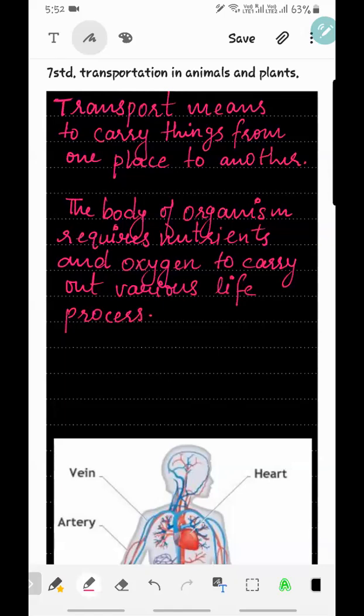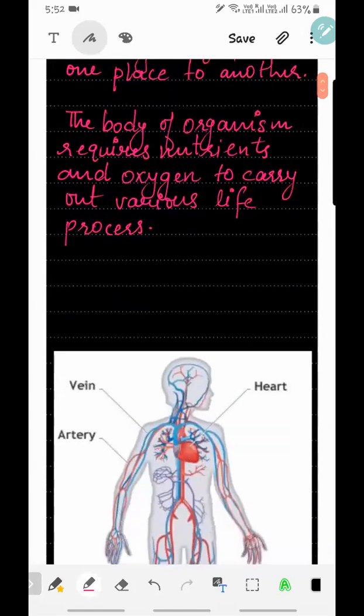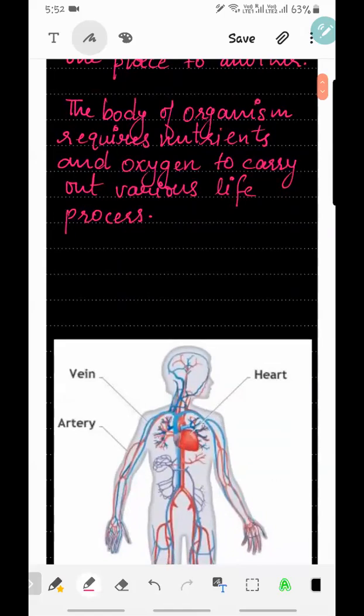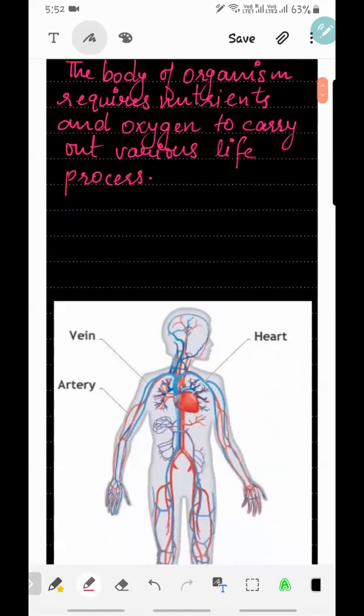To carry out these various life processes, waste product is also produced. Okay, and that waste product has to be removed from the body via transportation.